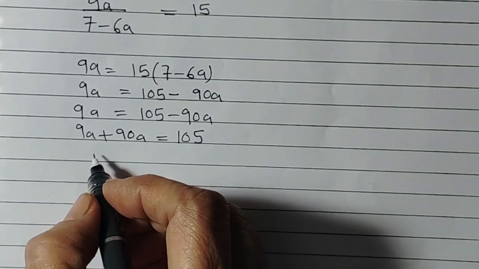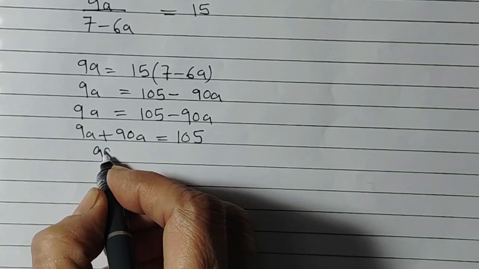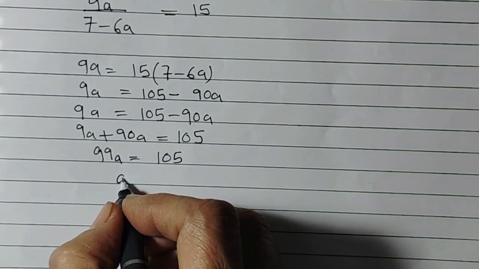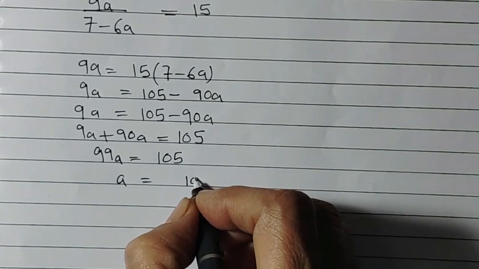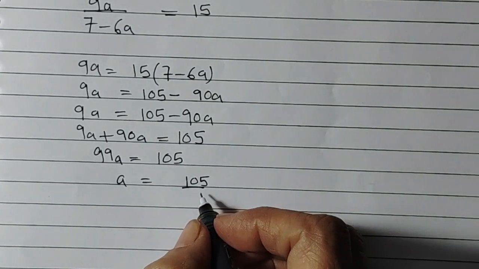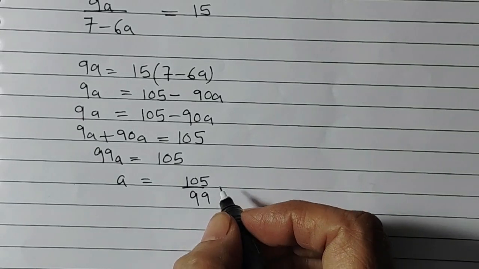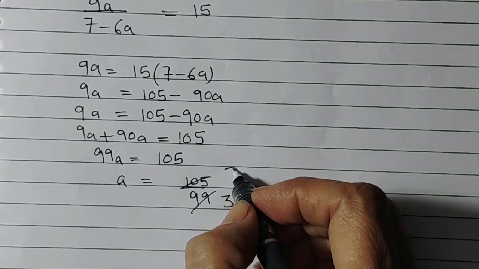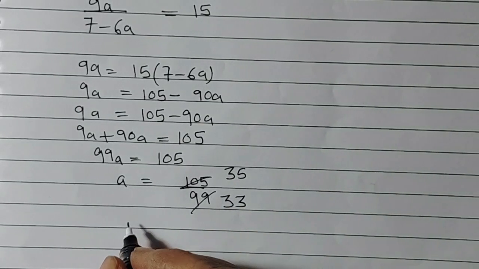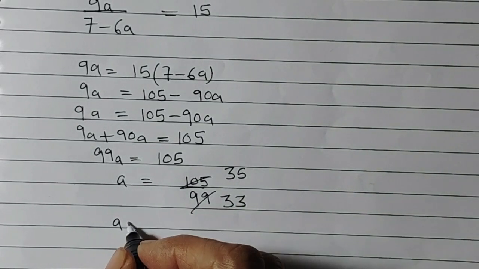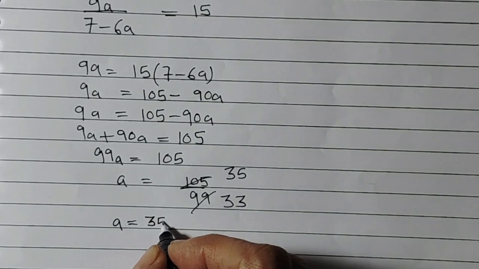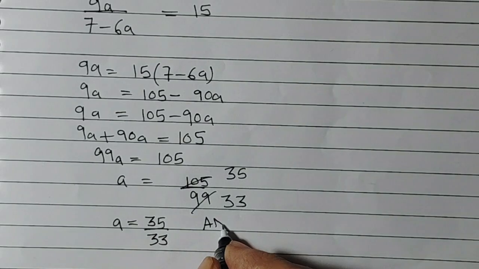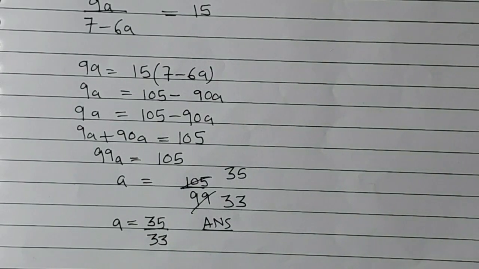Now it is 99A, 9 plus 90 is 99A, is equal to 105, and A is equal to 105 over 99. So we'll cancel it with 3. It is 33 and it is 35. So the value of A becomes 35 over 33. This is the answer.